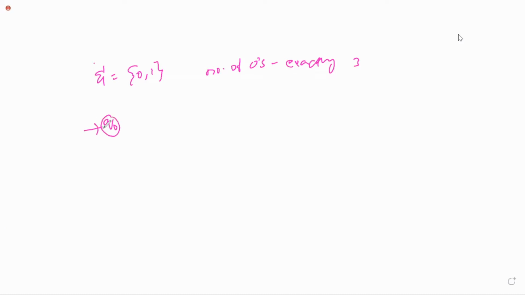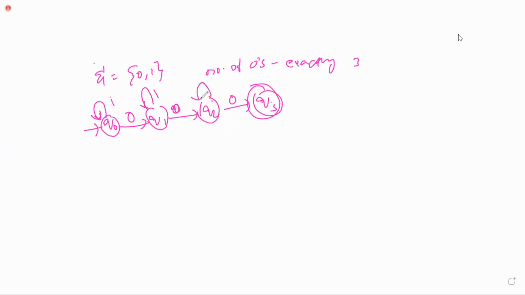Q0 on 0 is going to Q1. Next, Q1 on 0 is going to Q2. Q2 on 0 is going to Q3. Q3 is the final state. How many zeros is it having? 3. Exactly 3, right? Now what about 1? Can I take the self loop here because there is no restriction on the number of ones, right?